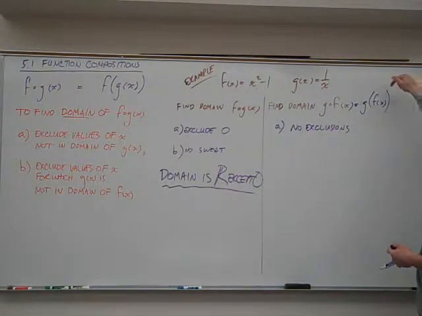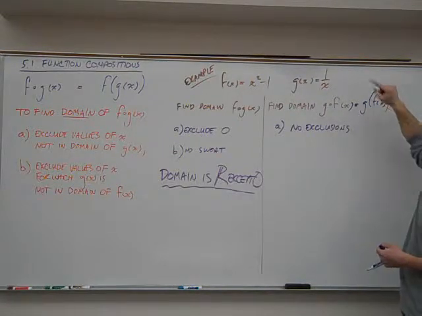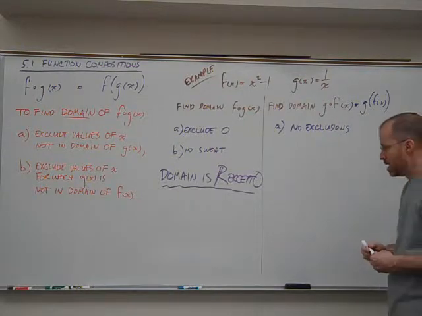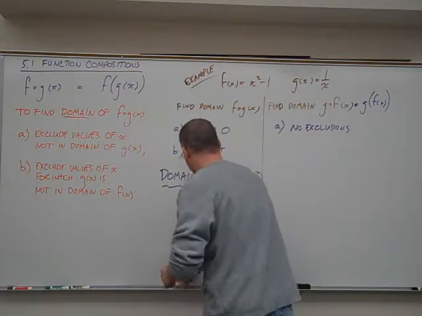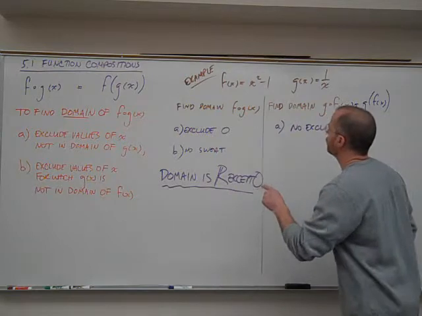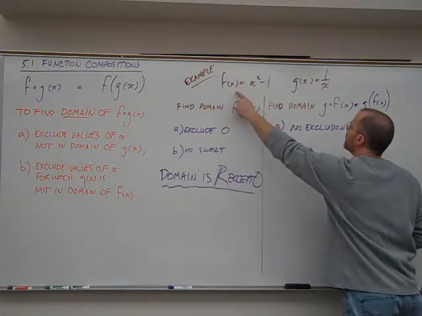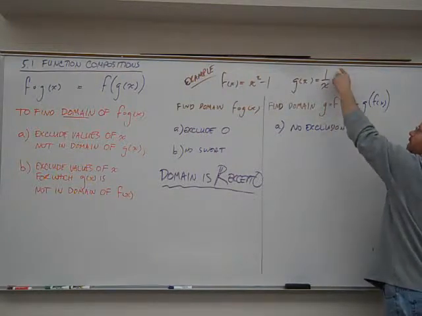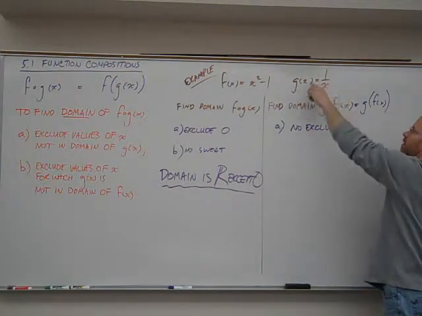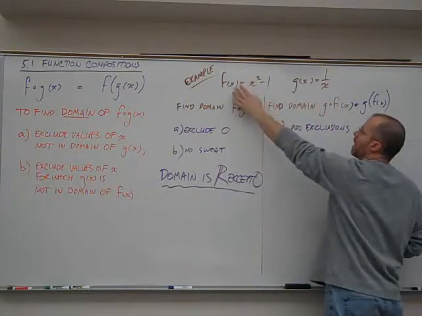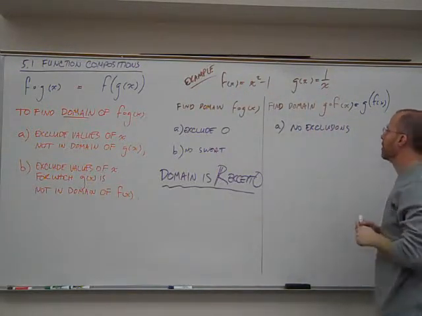I have to exclude any values of x for which f of x is not in the domain of g of x. Okay, so how do I get at that? g of x does have an excluded value, right? x can't be equal to 0. So I can't have my output from f be equal to 0.